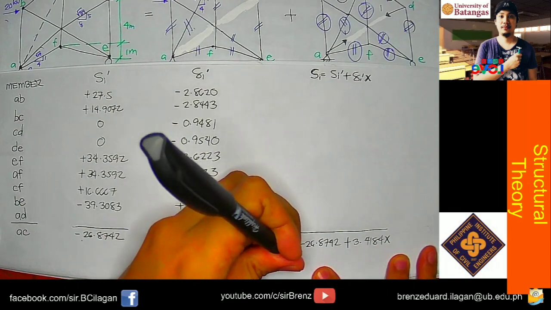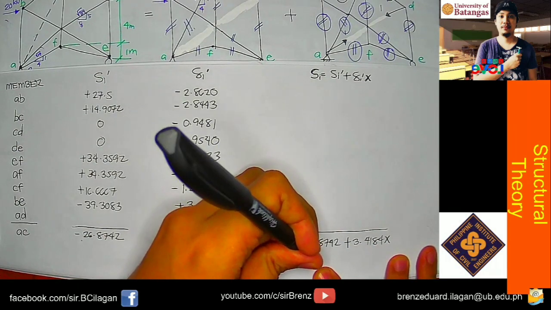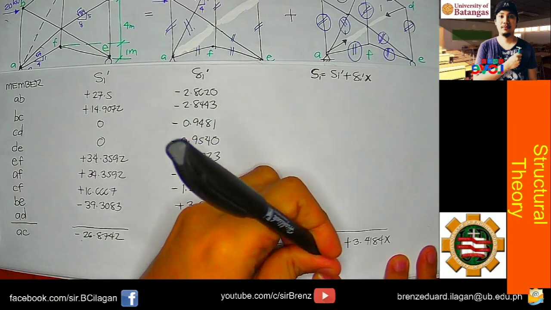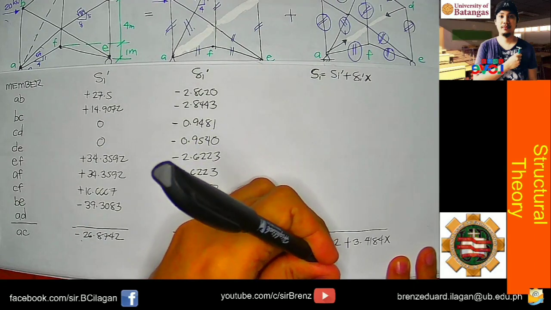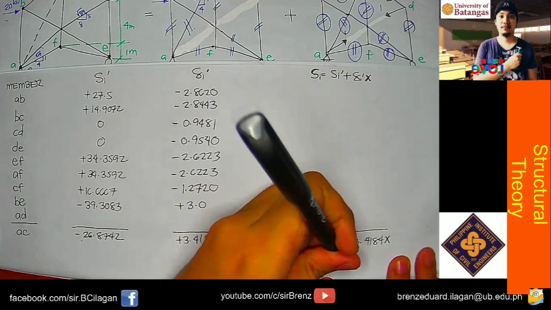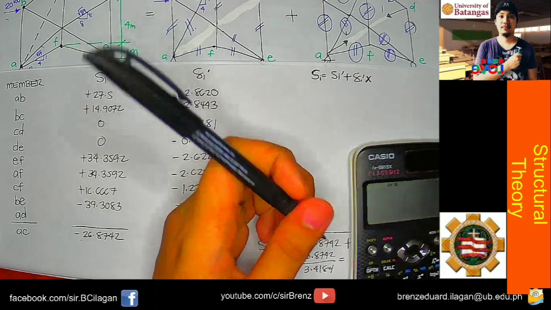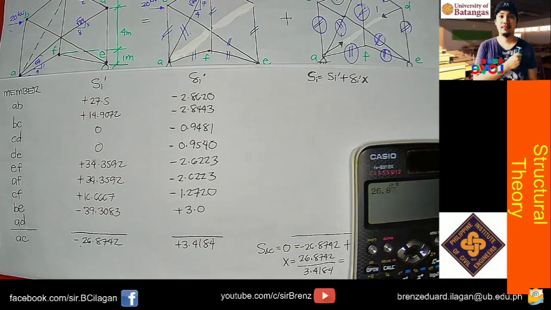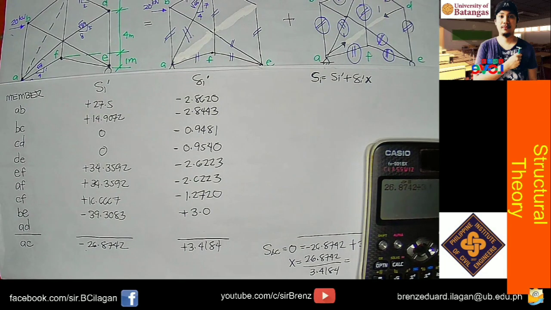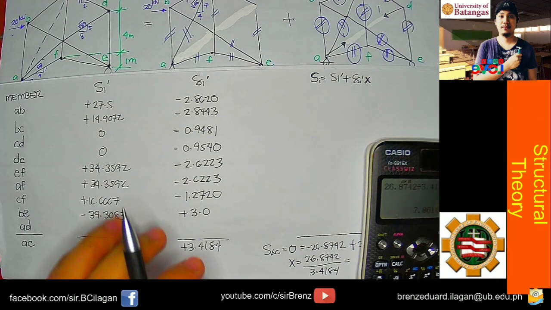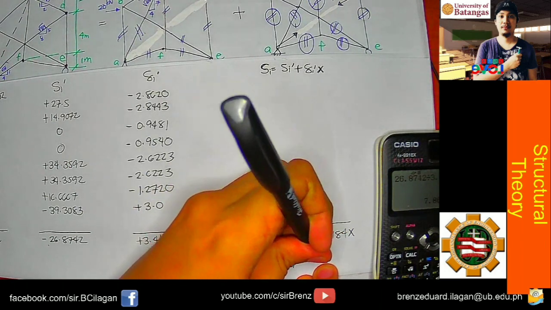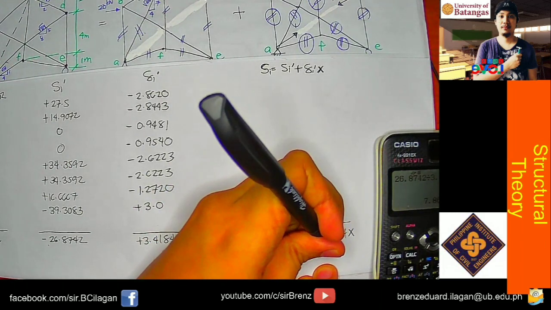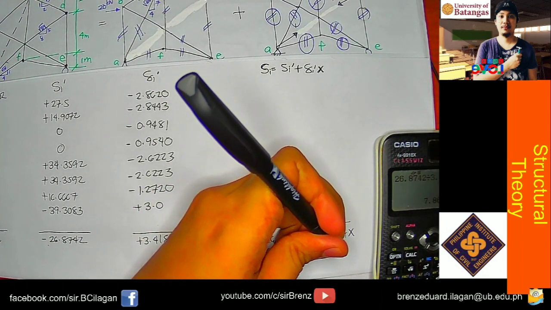So the value of x is just 26.8742 divided by 3.4184, which is equivalent to 7.8616. Okay?